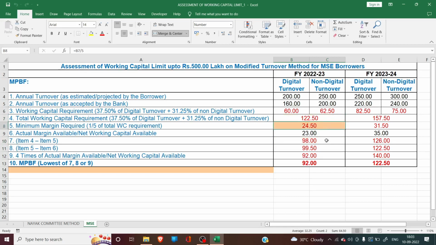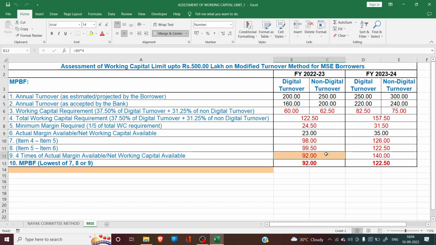For financial year 22-23, it comes to 98 lakhs, and for 23-24, it comes to 126 lakhs. In this cell, the worksheet calculates the working capital requirement minus the actual margin available with the customer. For this year, it comes to 99.50, and for next year, it comes to 122.50 lakhs.